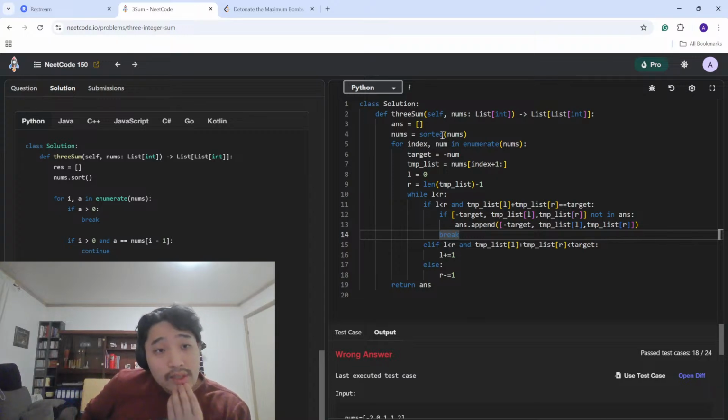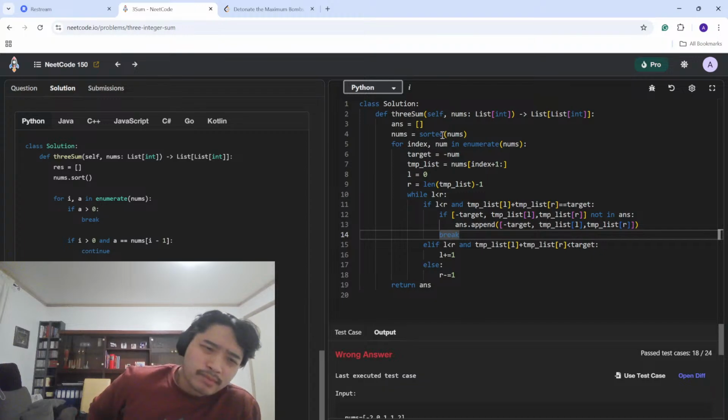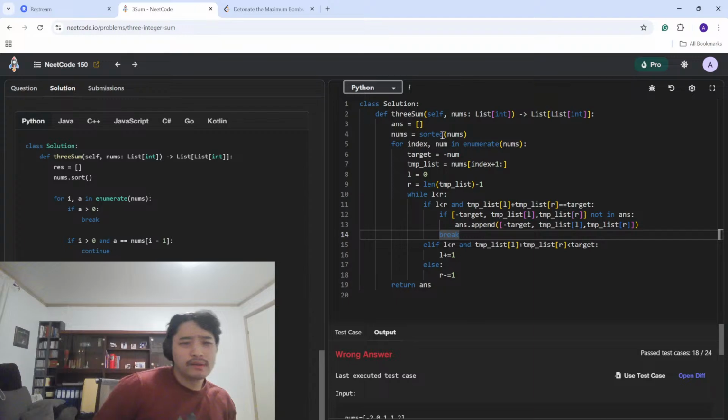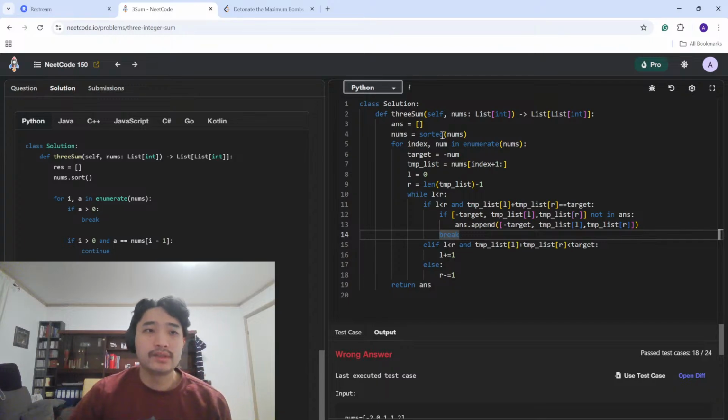If a is bigger than 0, break would go to the next, right? Yeah, I didn't understand this one.